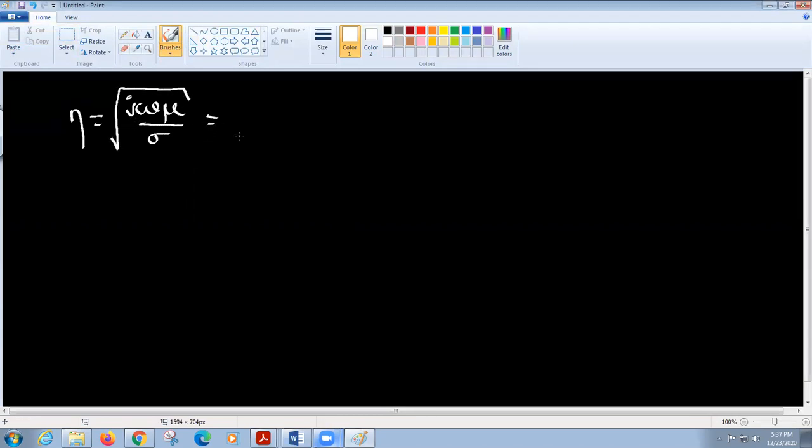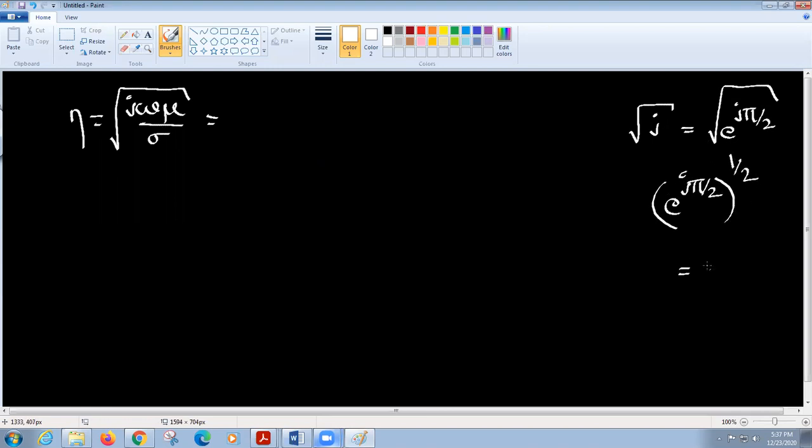Now the square root of j. I can write j as e to the power of j pi by 2, because cos pi by 2 plus j sin pi by 2, where cos pi by 2 is 0 and sin pi by 2 is 1, so you have j. The square root of that is e to the power of j pi by 4, which in Euler form expansion is 1 over root 2 plus j 1 over root 2.